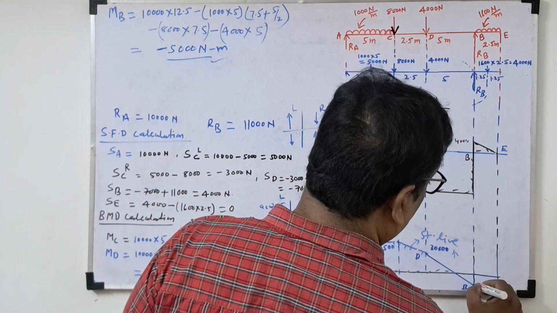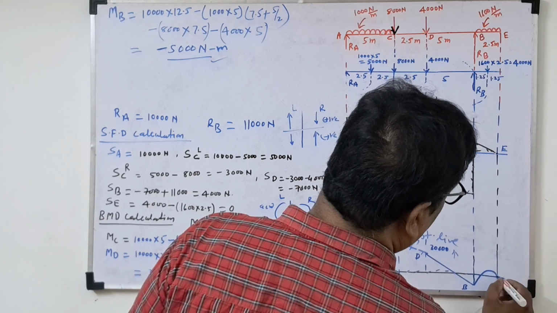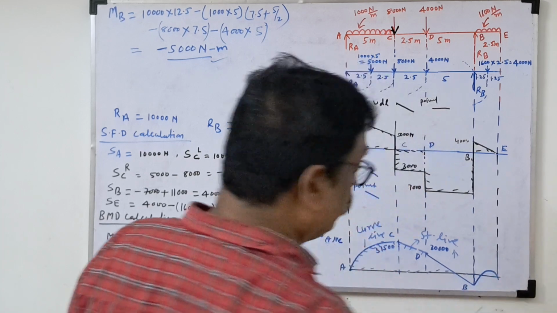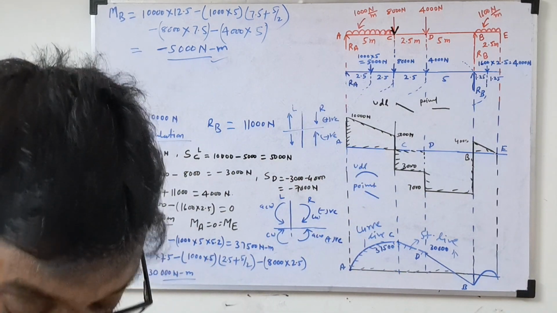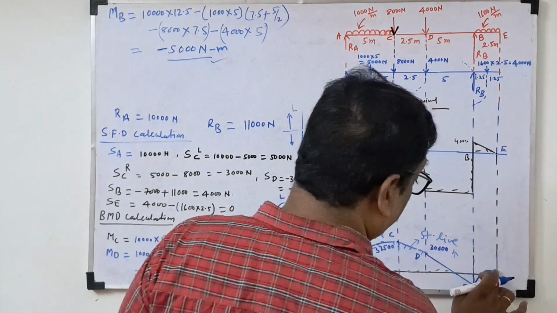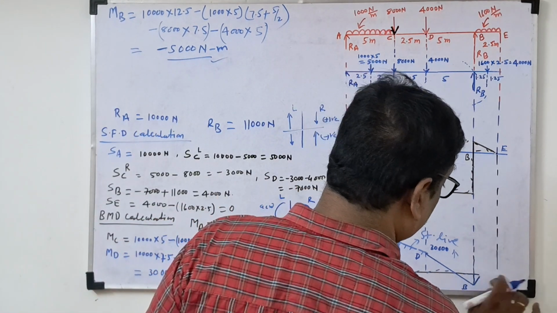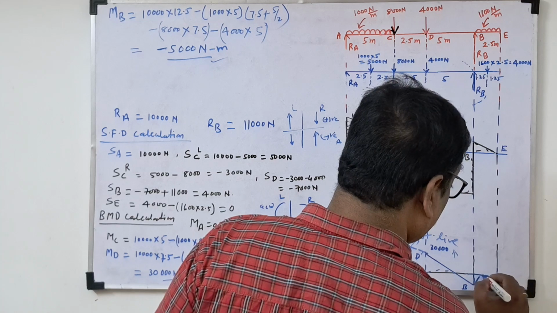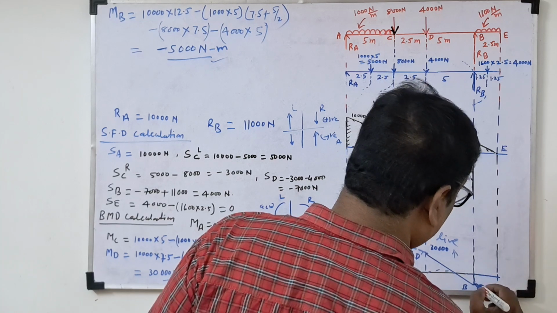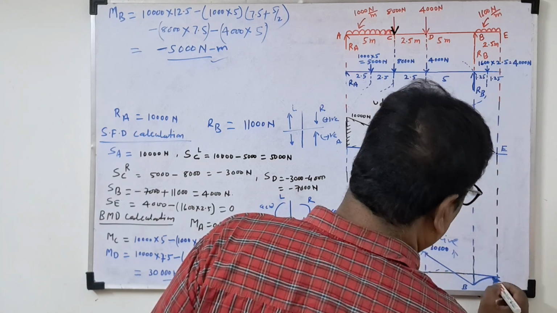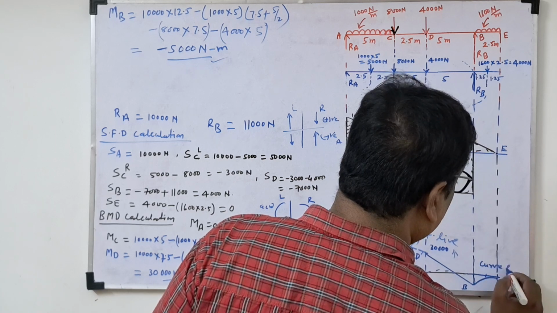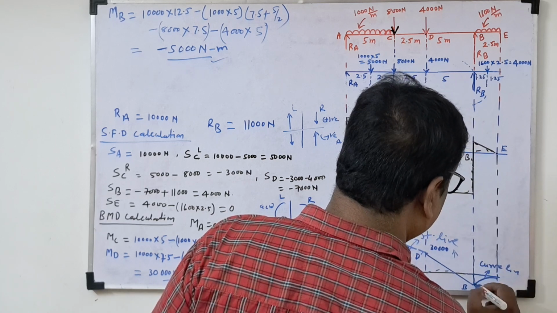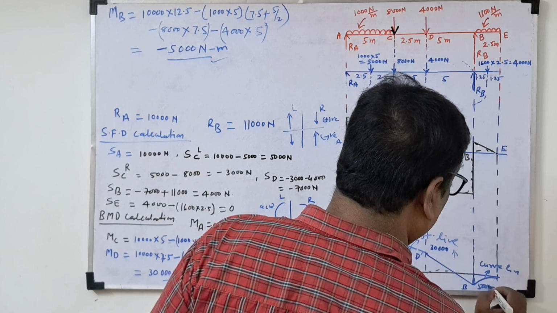So this is the bending moment diagram. We will go calculations like this. So this way we can calculate this line which will not cross. So this here will be the curve line. This line is curve line. So this is 5,000.